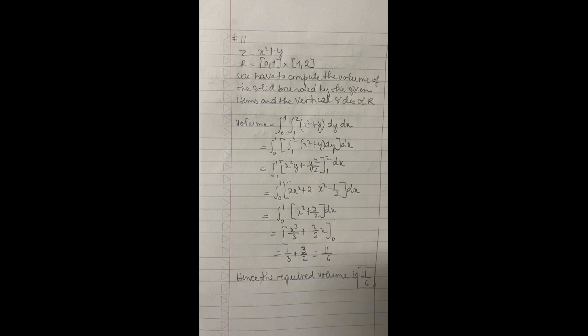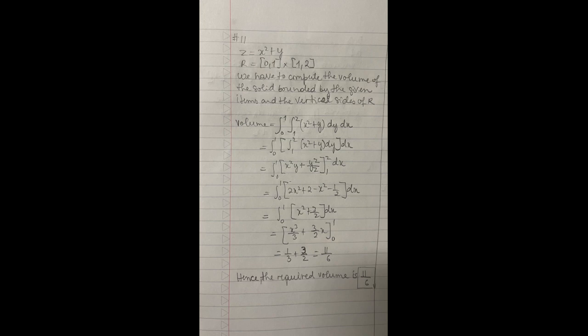So we're going to start by integrating with respect to y. We're going to start with the inner one. So when we integrate x squared plus y, that gives us x squared y plus y squared over 2. We evaluate this from 1 to 2. That gives us 2x squared plus 2 minus x squared minus 1/2.